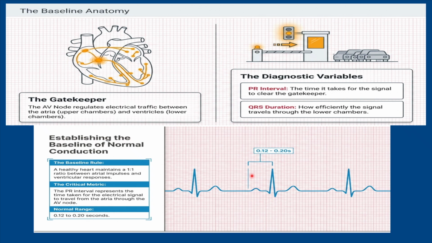So the normality is to find a P wave for each QRS complex, and the duration of the PR interval, which represents the atrial depolarization and the conduction through the AV node, is 3 to 5 small squares or 0.12 to 0.2 seconds.